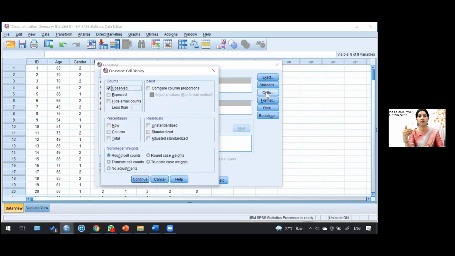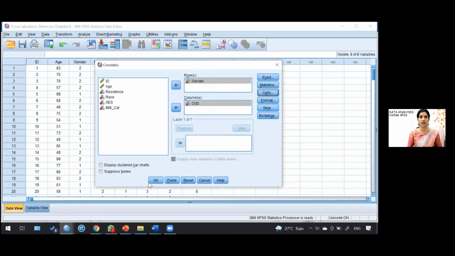So whatever expected count you will see is based on the null hypothesis that there is no association. In the actual table, you don't have to enter the expected count, but just to show you, I have clicked it here. Whenever you have to click the percentages, always click the row-wise percentage. We generally show the percentages in the row-wise manner, and then press Continue.